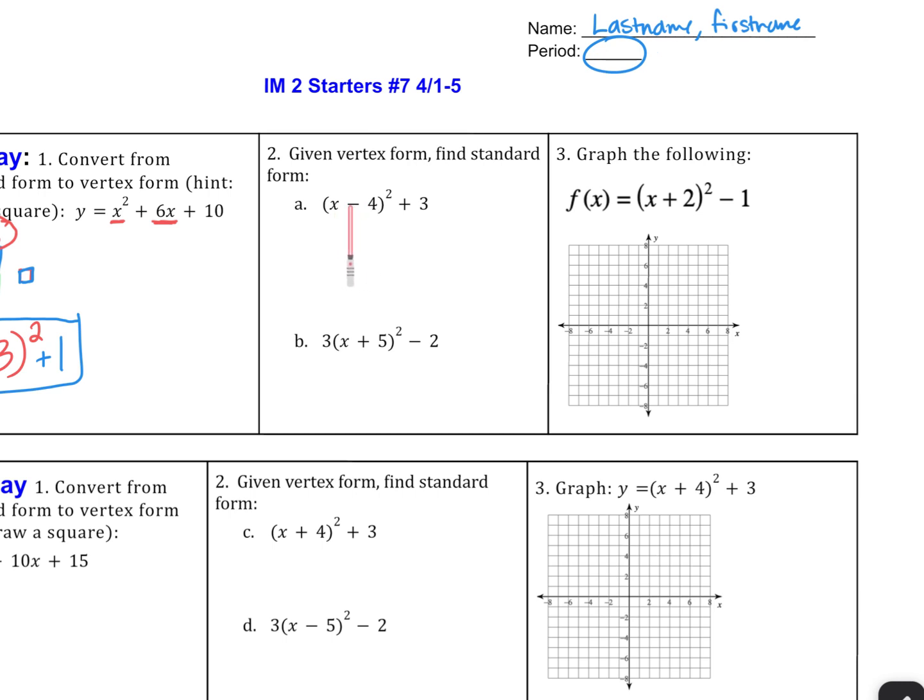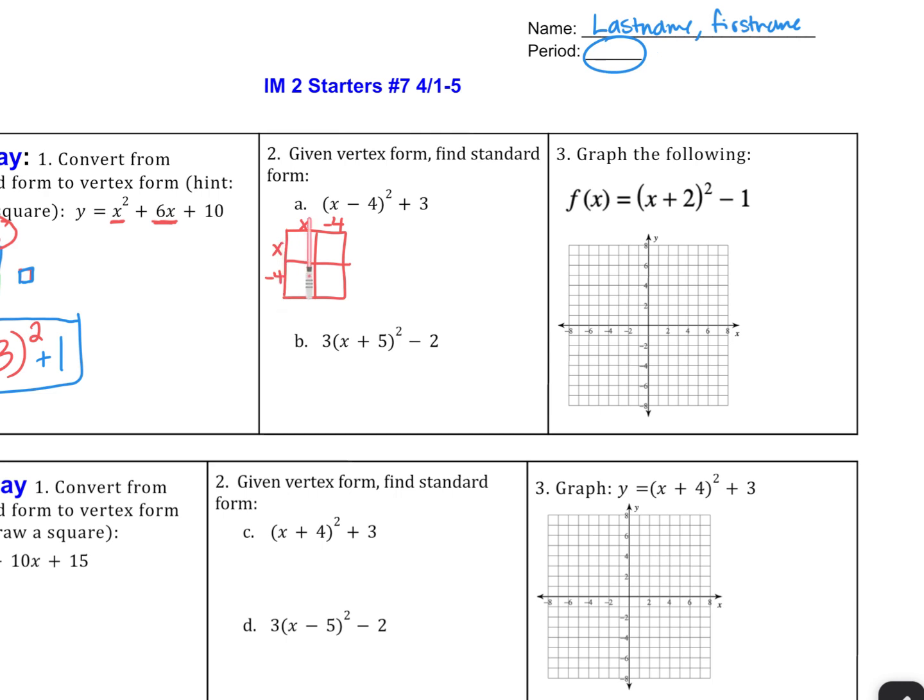This x minus 4 squared, you have to find this first and then add that 3 at the end. So I would build my square and I would write x minus 4 on the top and x minus 4 on the side. And then draw a 2 by 2 box so that you end up with 4 terms and then you simplify.